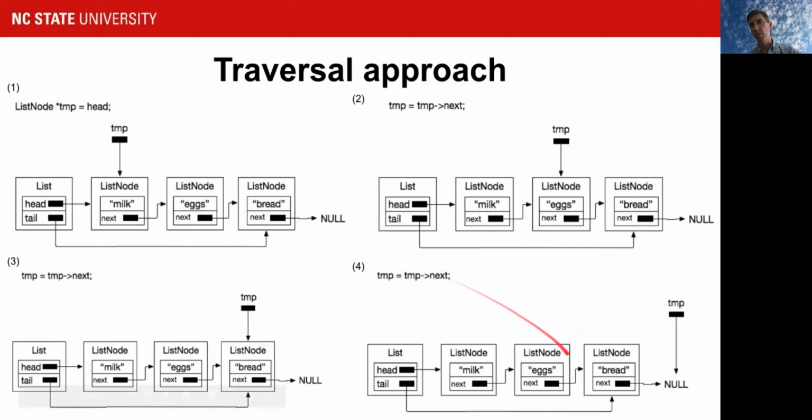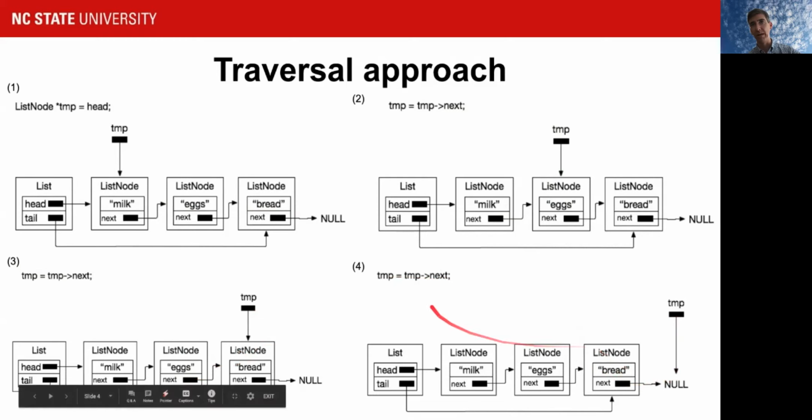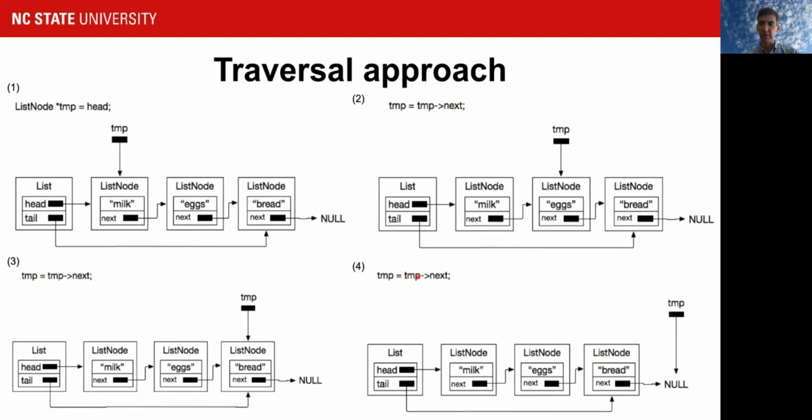And then if I do this one more time, I follow the next pointer from bread to null, and now temp is pointing to null. Now that I've updated temp all the way to point to null, I had better stop and not execute this code again. If I try to use the arrow operator on a null pointer, I'm going to get a segmentation fault. The system is going to say you're not allowed to access address 0. This is an error. It'll stop me.